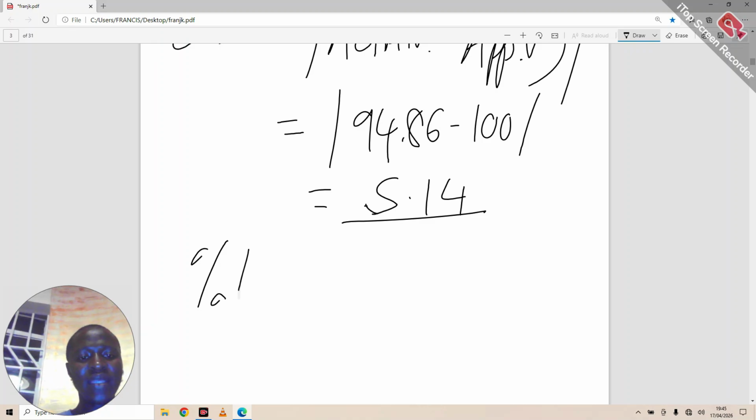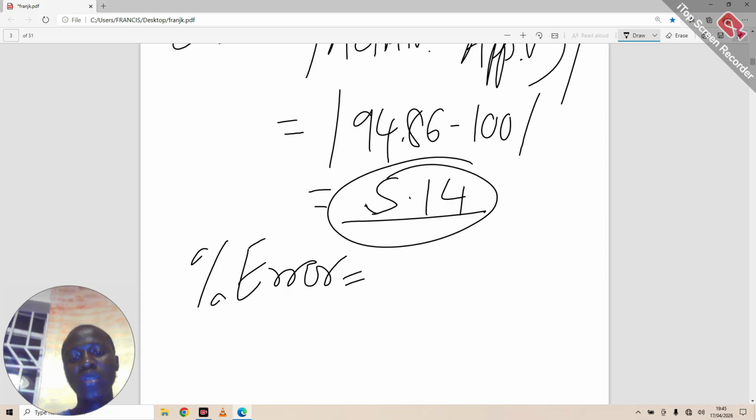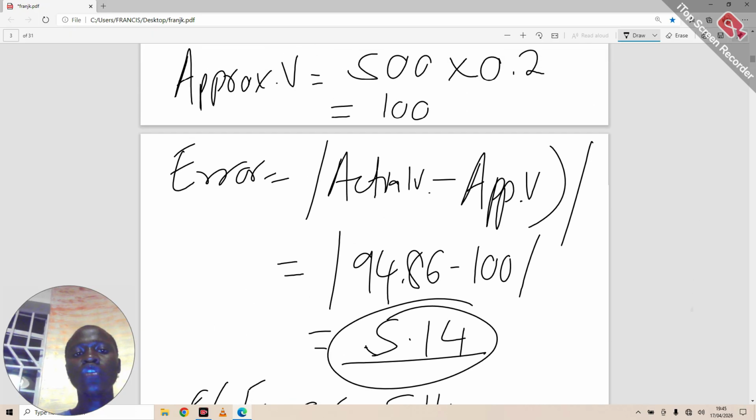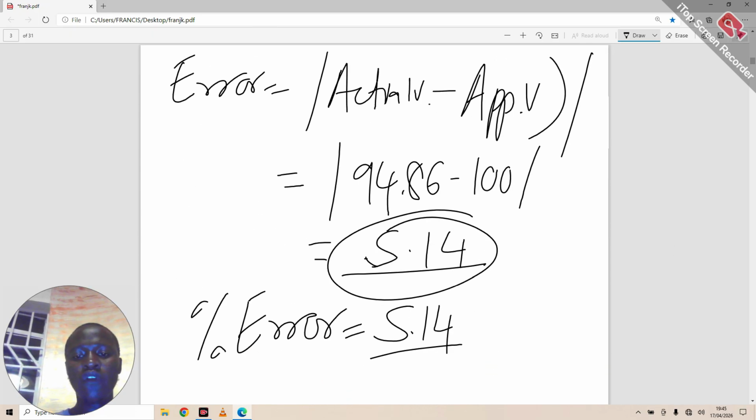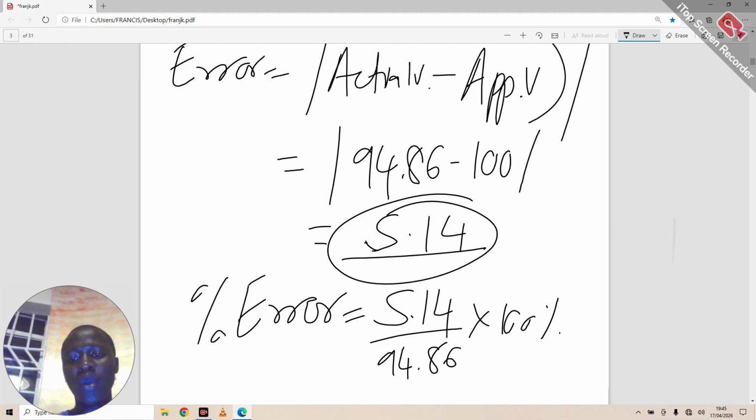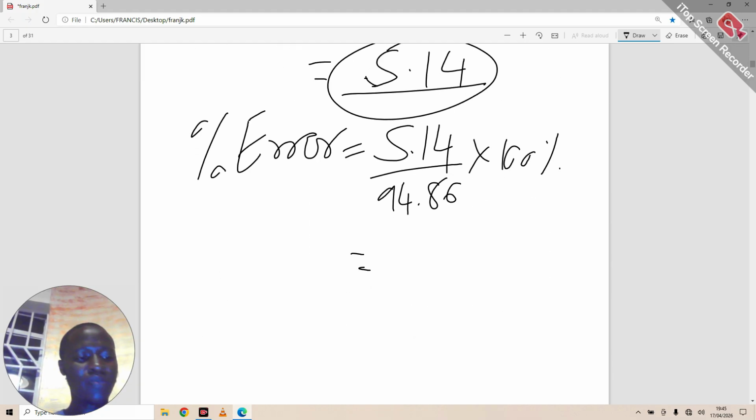Now to get the percentage error, it is the error which we've gotten, 5.14, all over the actual value. And what is our actual value? 94.86. You multiply by 100%. So have that in your calculator.